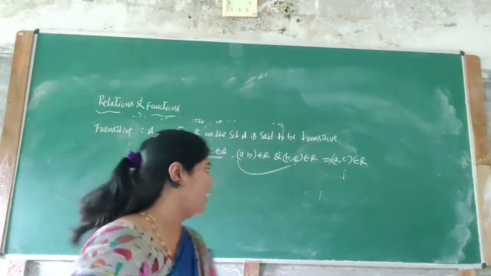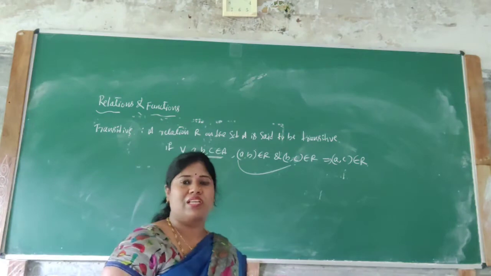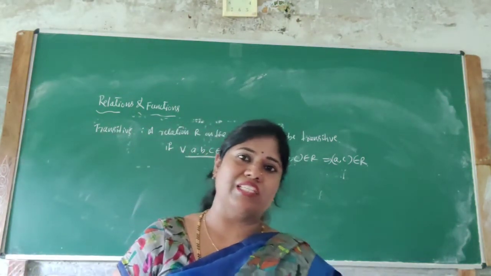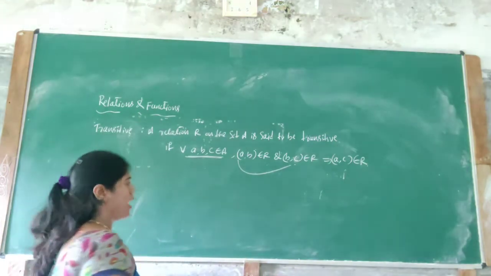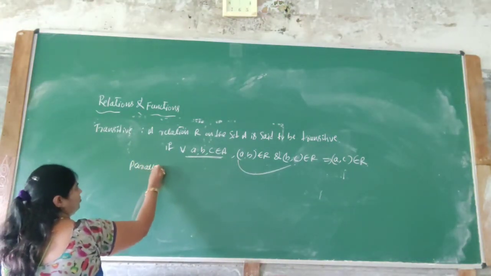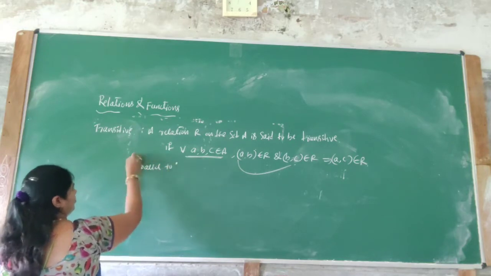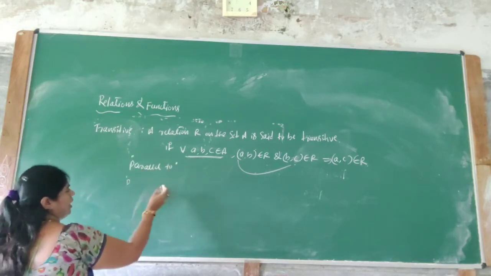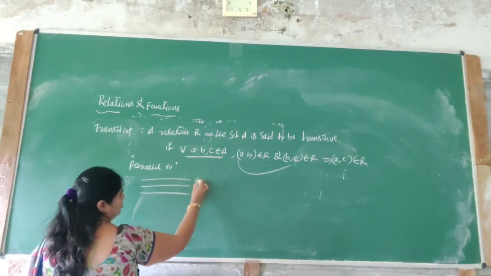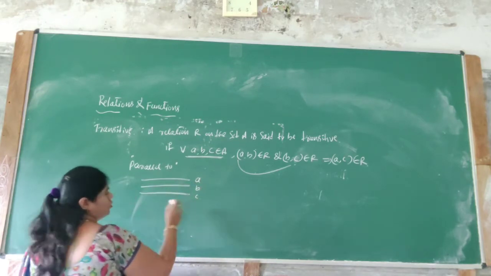So we can give many examples. Which is the first example? Parallel to is also transitive. We can consider three lines.